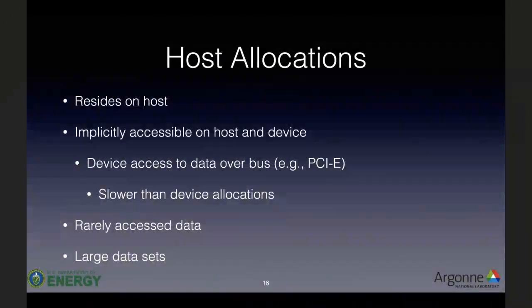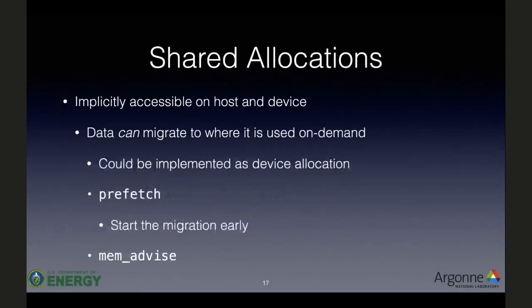if you have a large data set or something that's rarely accessed, you don't necessarily want to migrate it. You may just need a little piece of it, and you don't want to migrate whole pages over. So it's slower, but it can give you access to bigger memory than you would get from sharing. It's on demand, and things may have to get paged out.